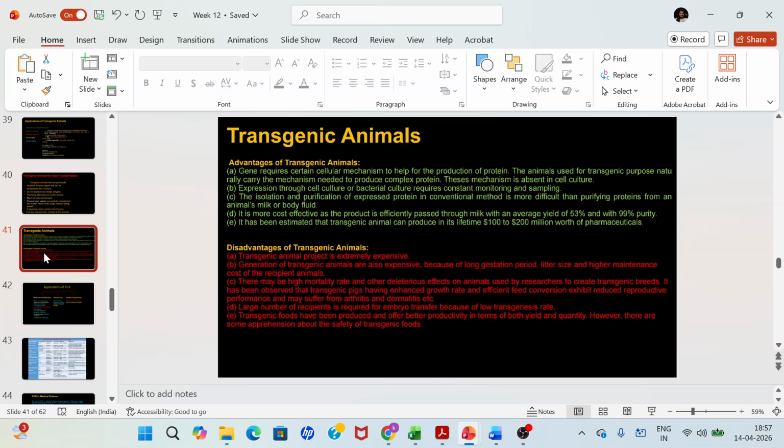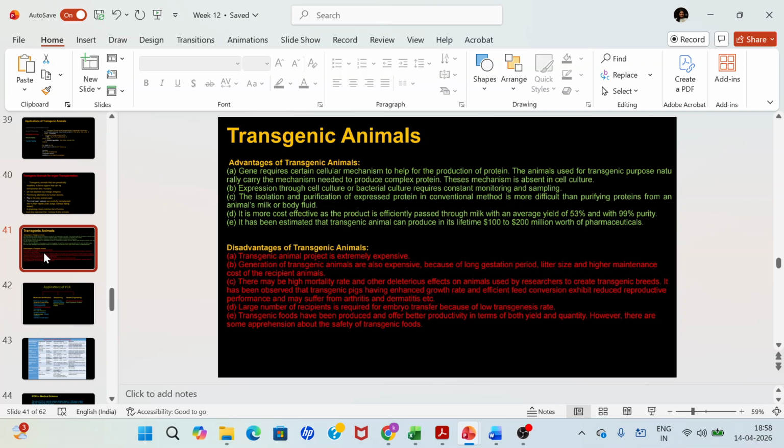There may be a high mortality rate and other deleterious effects on animals used by researchers to create the transgenic breeds. It has been observed that transgenic pigs having enhanced growth rate and efficient feed conversion exhibit reduced reproductive performance and may suffer from arthritis, dermatitis, etc. A large number of recipients is required for embryo transfer because of the low transgenesis rate.